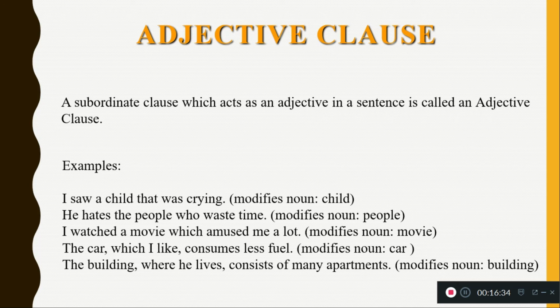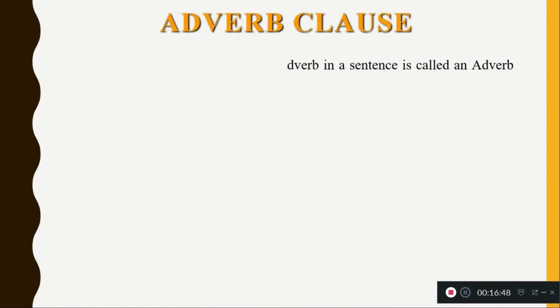Look at the example sentences. In the first sentence, I saw a child that was crying. The subordinate clause is that was crying, and that was crying modifies the noun child, so it is an adjective clause.